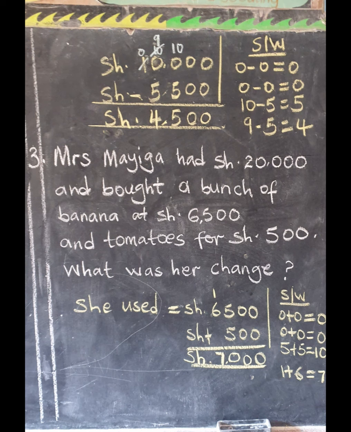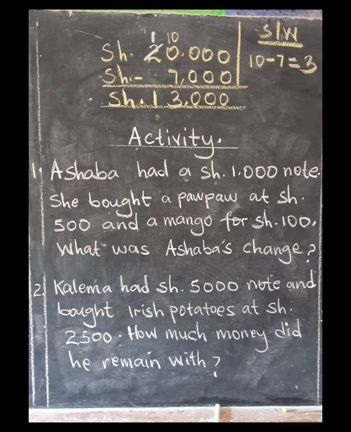Now to get our change, we are going to get what she went with. She went with 20,000 and we take away 7,000. When we get 20,000 minus 7,000 vertically, using our side work, we shall get the balance or the change as 13,000 shillings.